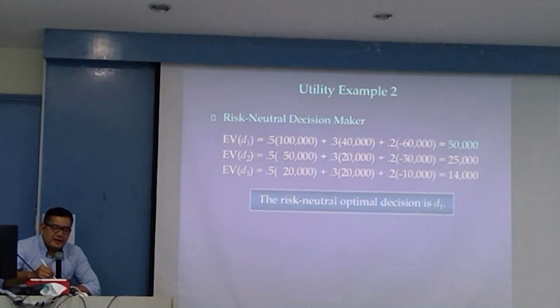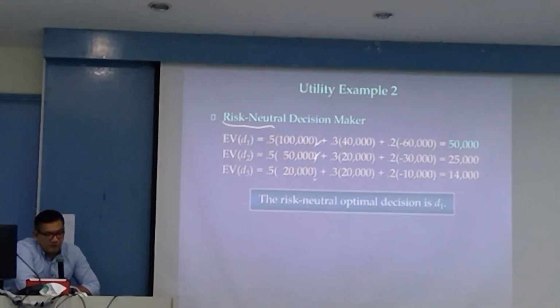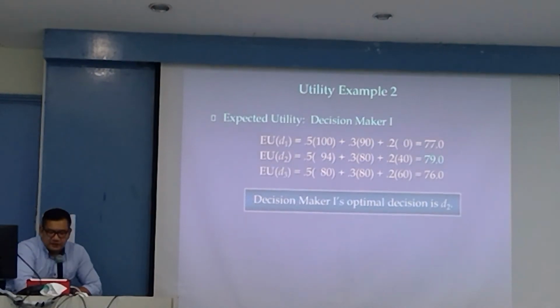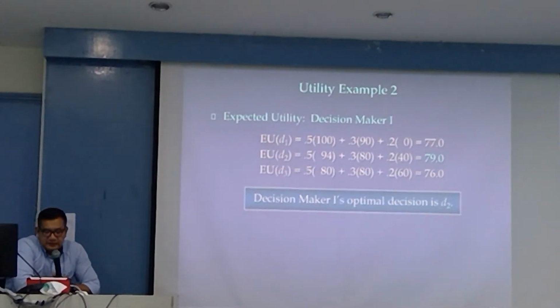For this neutral, again, we are not using the utility value, we are using the monetary value. We just calculate using the simple calculation, multiplying the probability with the monetary value and summing up for all outcomes. In this case, you select alternative 1 or D1. You can expect the payoff of 50,000. But for decision maker number 1, we apply the utility value.